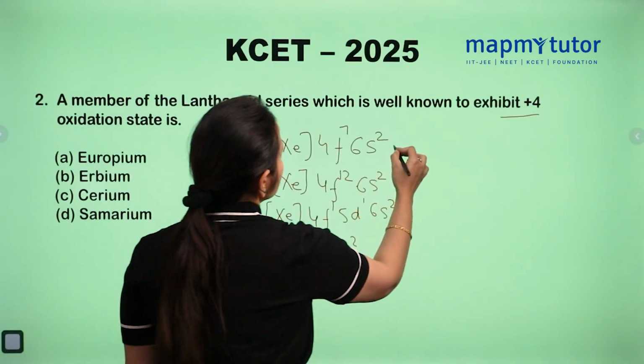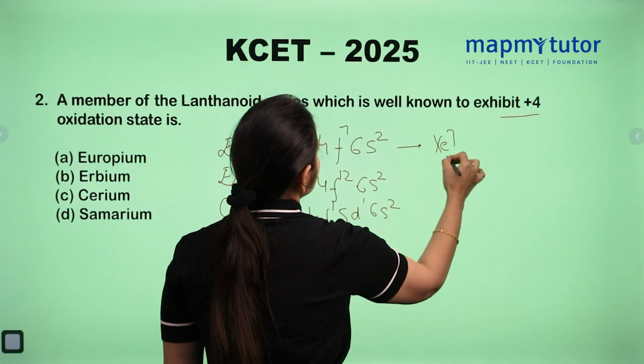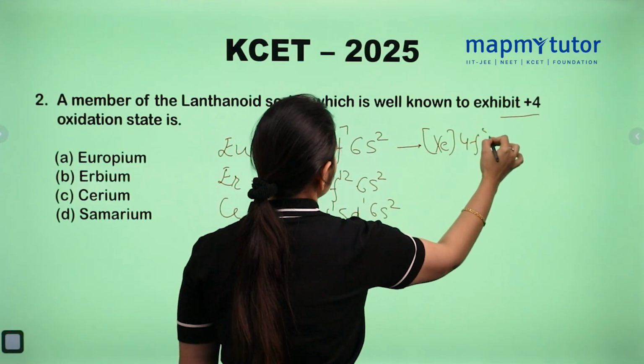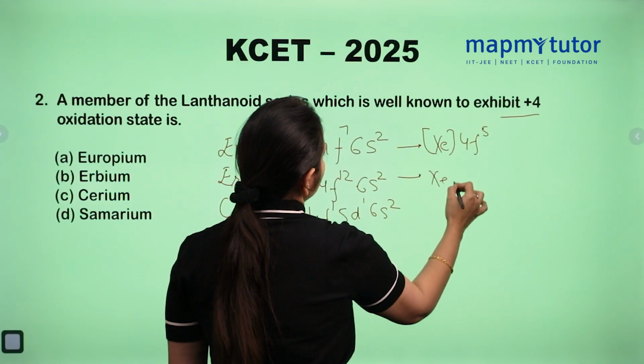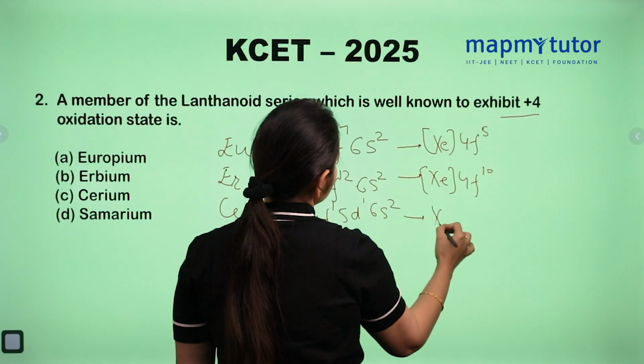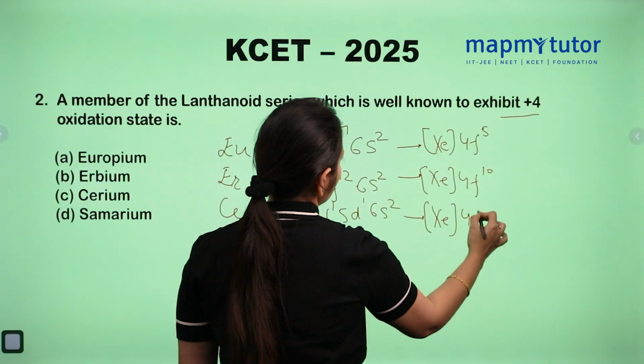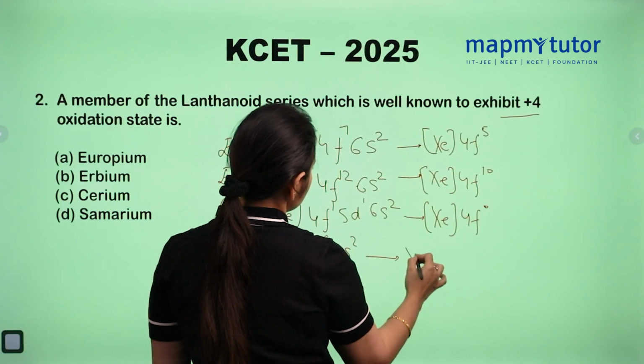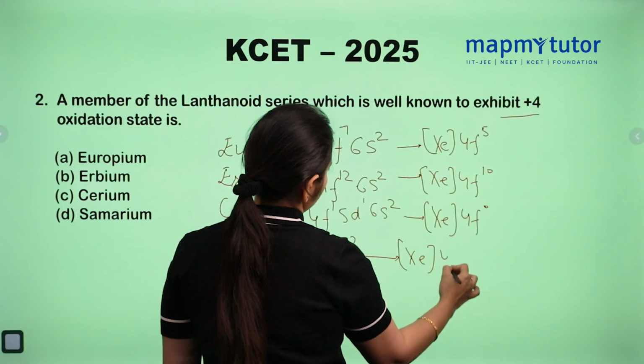What will it become? It will come out as xenon 4f5, xenon 4f10, and here it will come to xenon 4f0 and xenon 4f4.